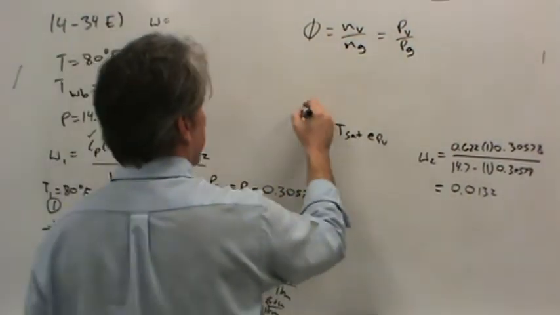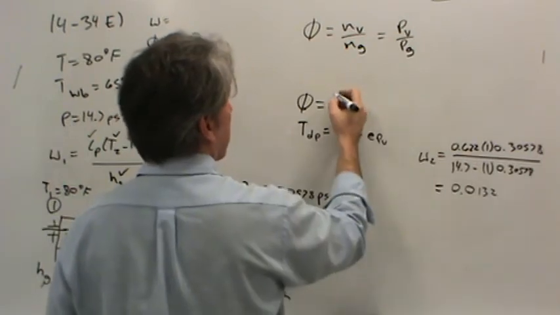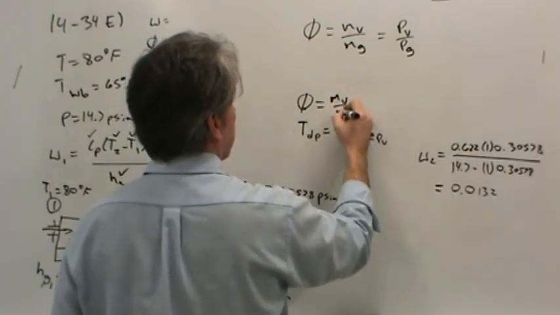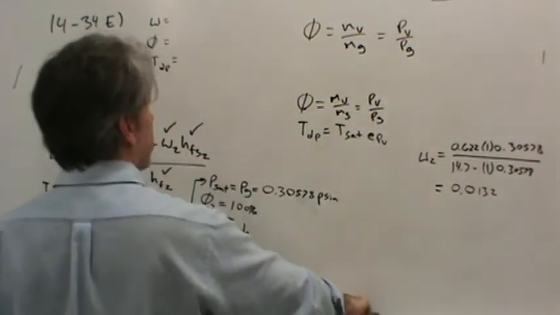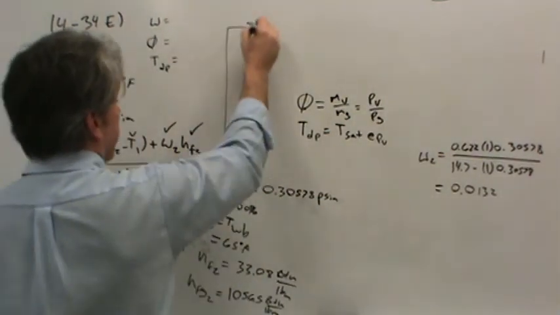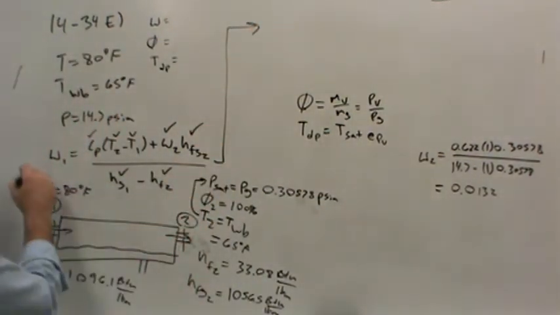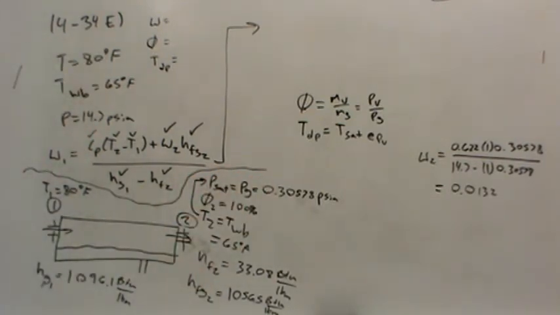And let me move this down because we'll need it as well. Sorry, I should have planned this out a little bit better. I don't have space, and I don't want to erase the state information. I want to leave that alone at the dry bulb and wet bulb states.